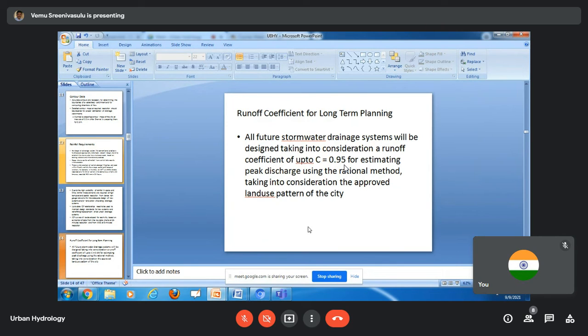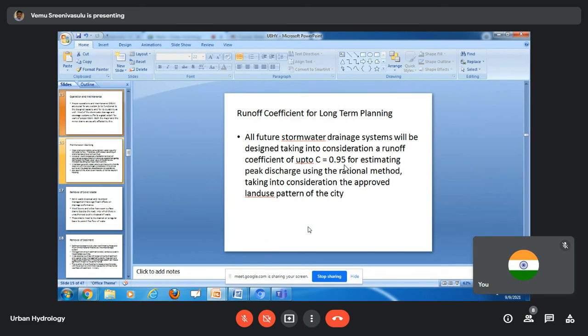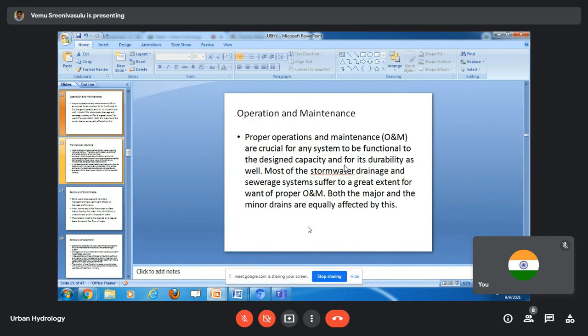One is the rational method, that is Q is equal to CIA. C is the constant. Generally here it says that C is equal to 0.95 for estimating the peak discharge using the rational method. So these are some of the guidelines, right?